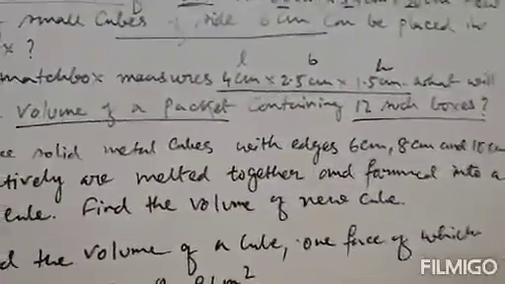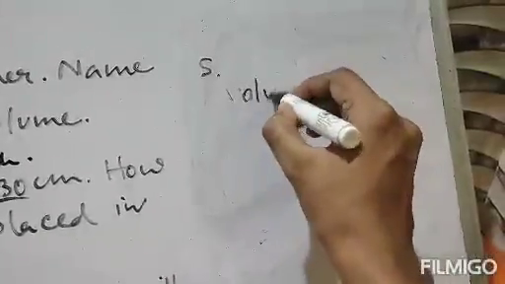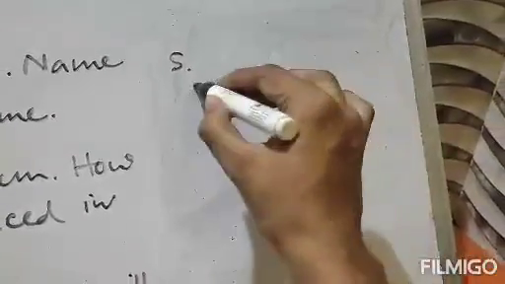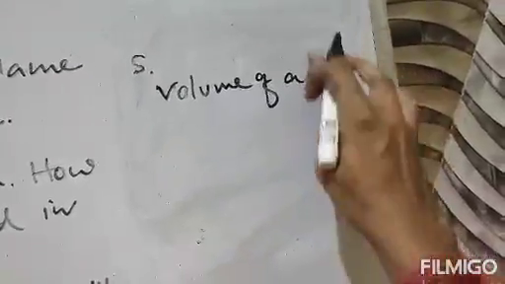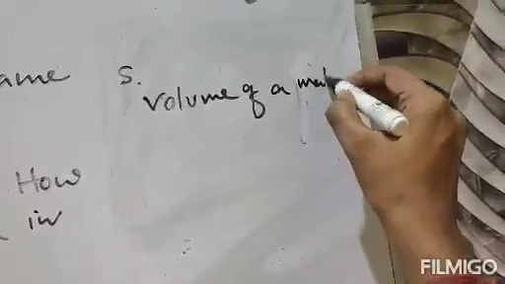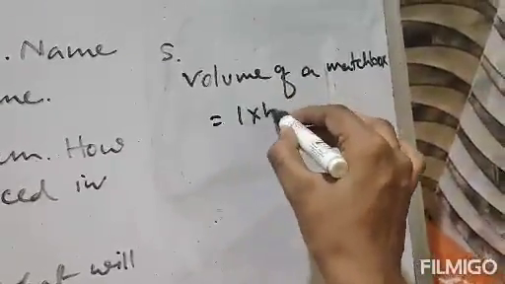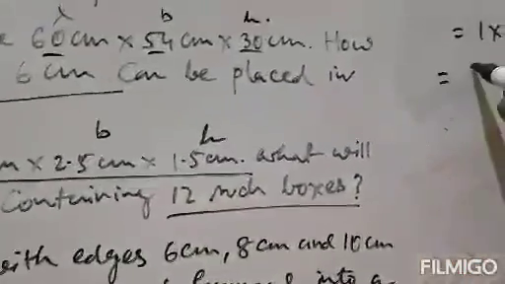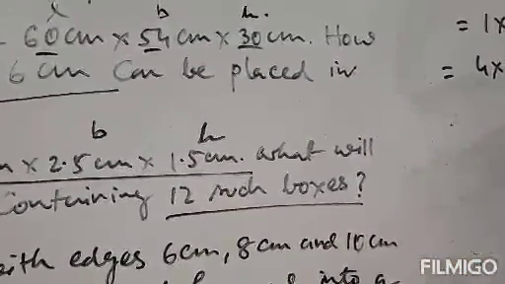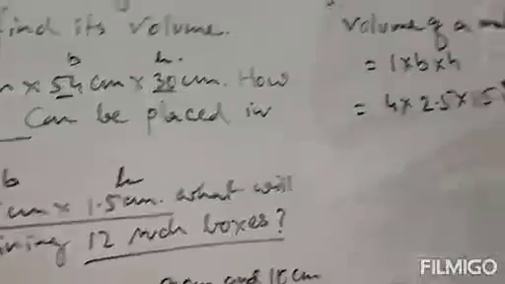So first find the volume of one matchbox. Volume of a matchbox is length into breadth into height. So everything is given. Length is 4 cm, breadth is 2.5 centimeter, height is 1.5 centimeter.